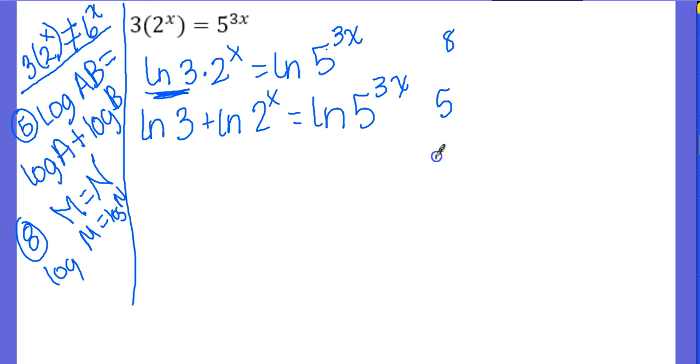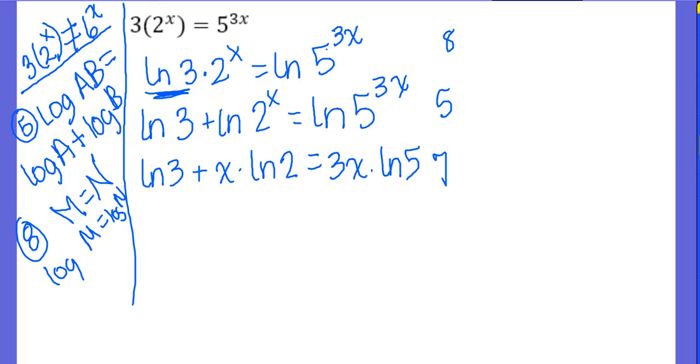Now I'm going to use property 7 that says power down. If I want to solve for x, I have to get the x's out of their exponential positions. So that's the natural log of 3 plus x times the natural log of 2 equals 3x times the natural log of 5. And so it's feeling a little better now that my x's aren't up in the exponent.